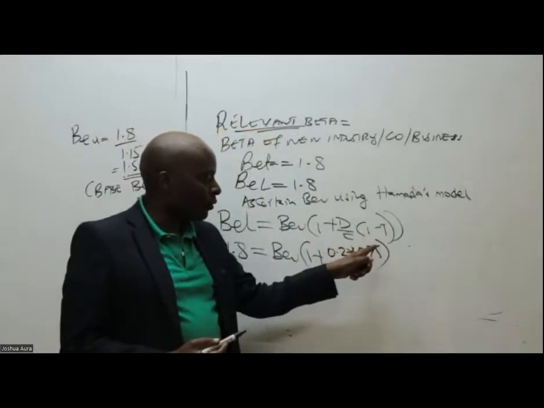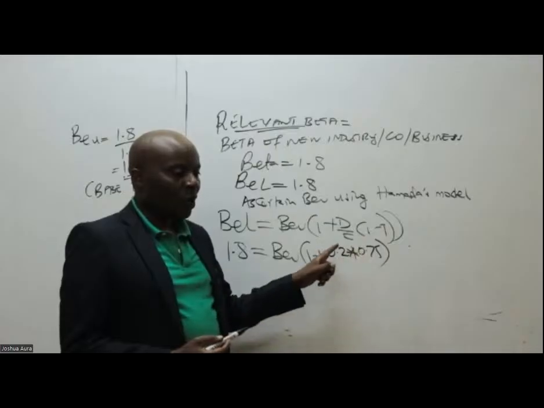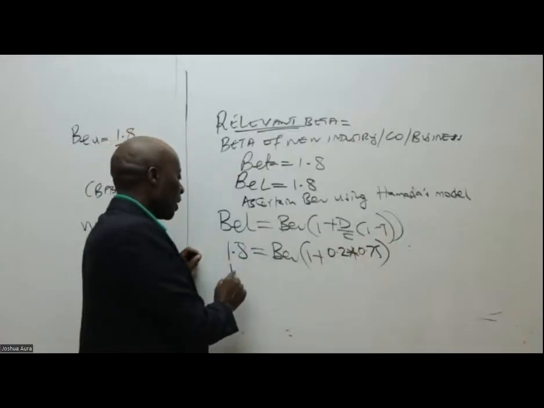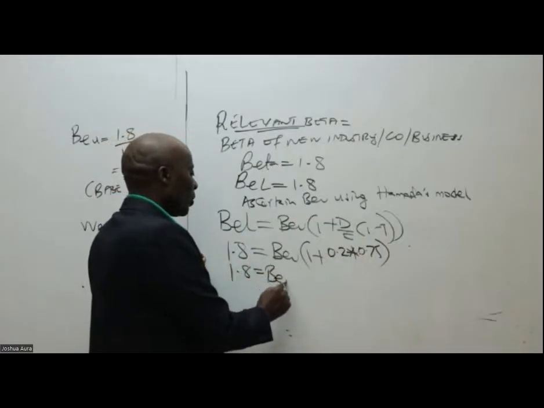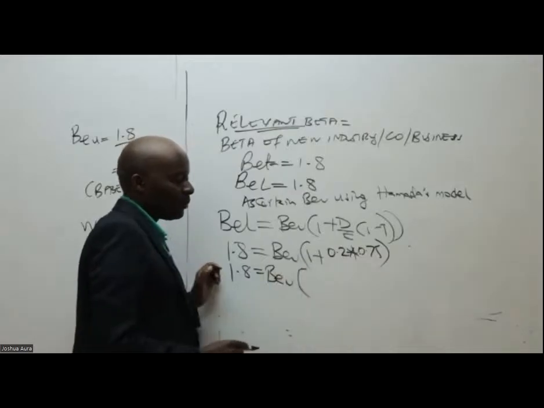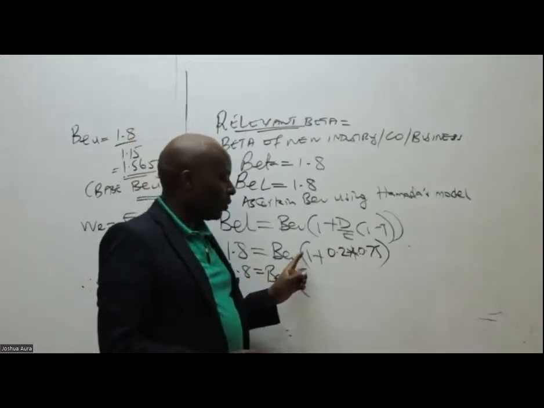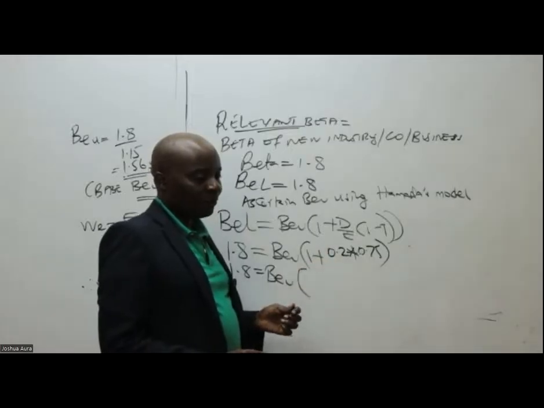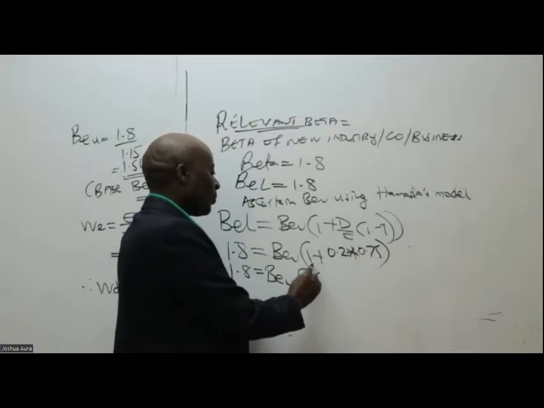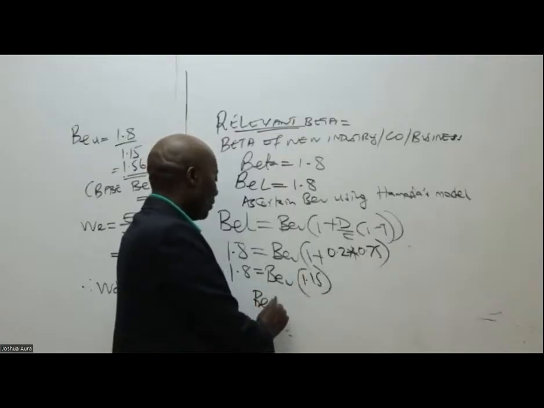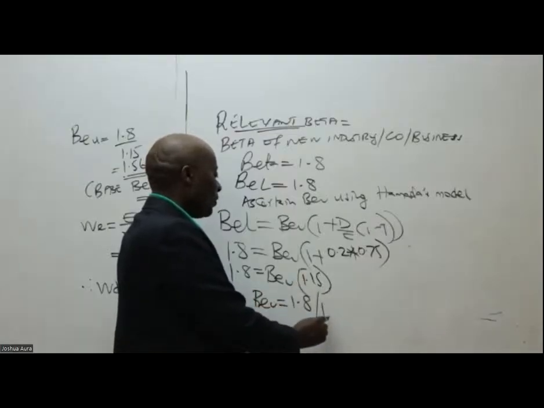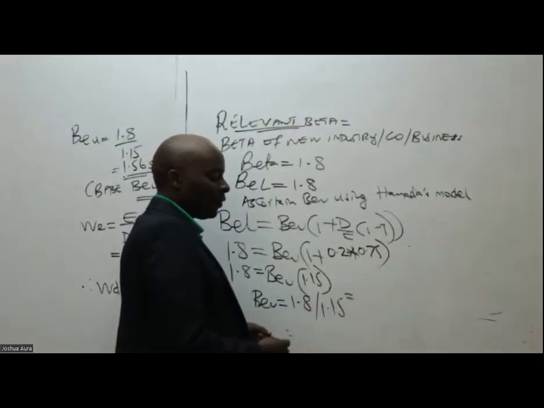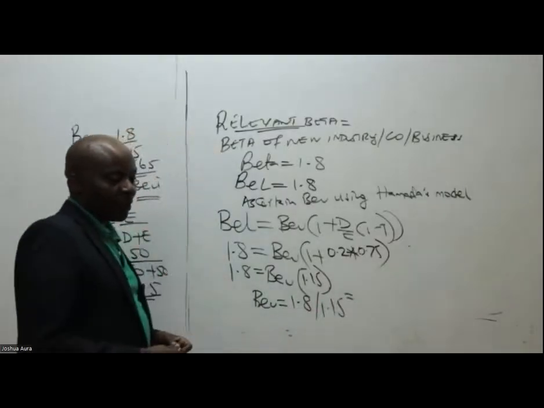Could you kindly give me what we have in brackets? 1 plus this times that. What do we have in brackets? 1.15. So this 1.15, if I make BEU the subject, it will be 1.8 divided by 1.15, which gives me the same answer like the one that you had obtained.